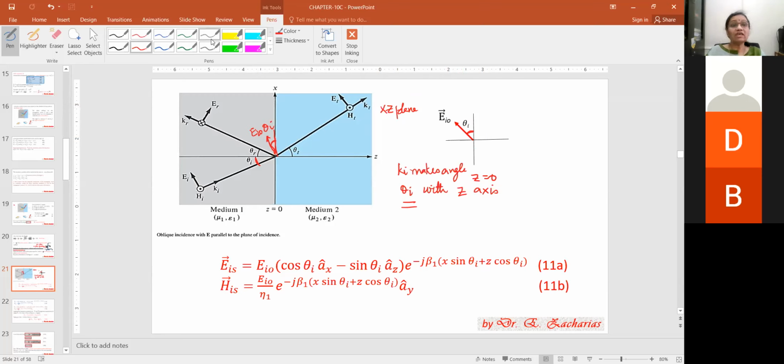Now find the components of these two. This is my Z axis and this is my X axis, so the components will be in this direction and in this direction.